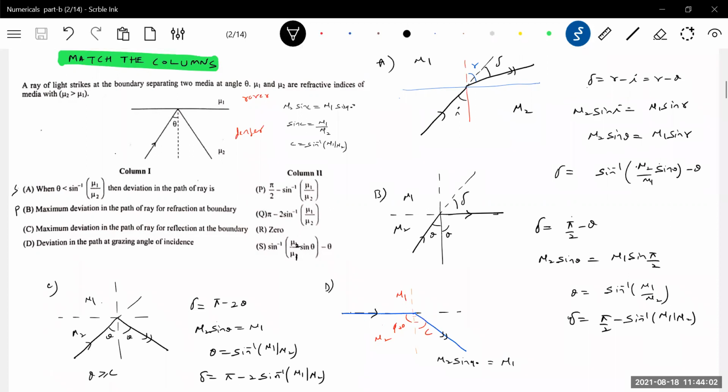It will get into the other medium, no? If it is here, then as you keep on increasing the angle, it should come from grazing angle of incidence, deviation in the path at grazing angle of incidence.